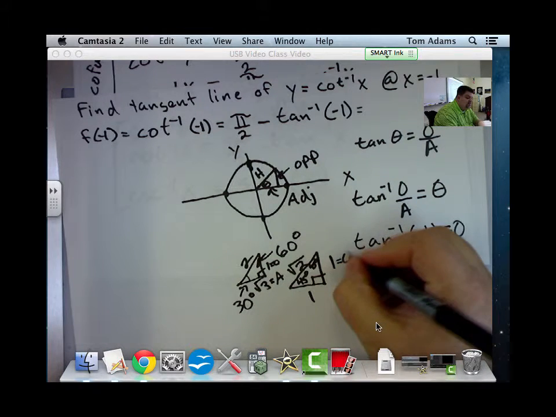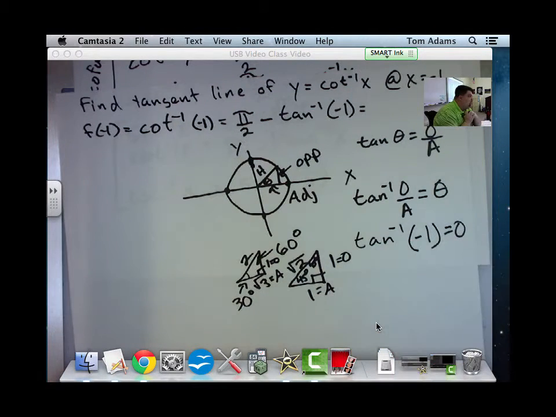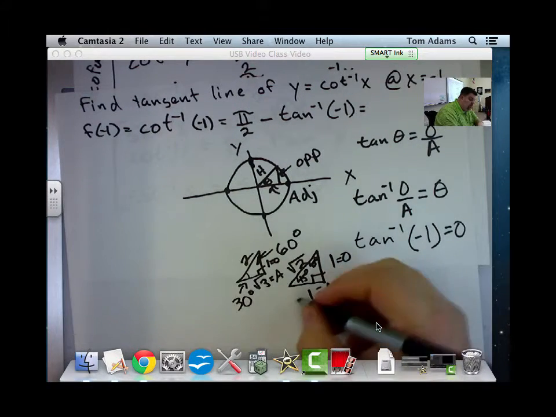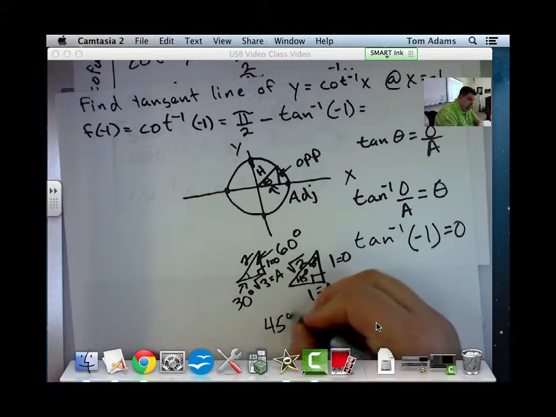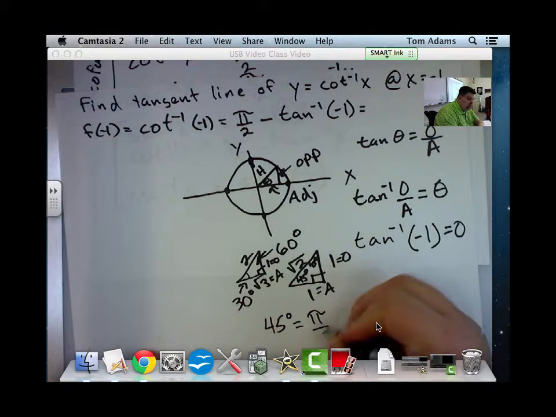Is there a way to make that -1 if one of those is equal to -1? You can't have a negative distance. Well, you can't have a negative distance, but if you had to choose 30, 45, or 60, which angle do you think it would be closest to? It's the 45-degree angle. Now, 45 degrees is equal to pi over 4.